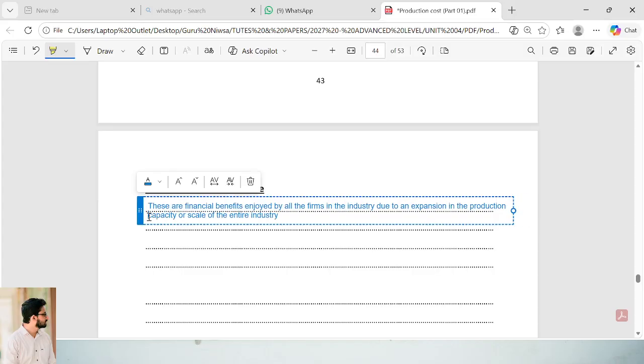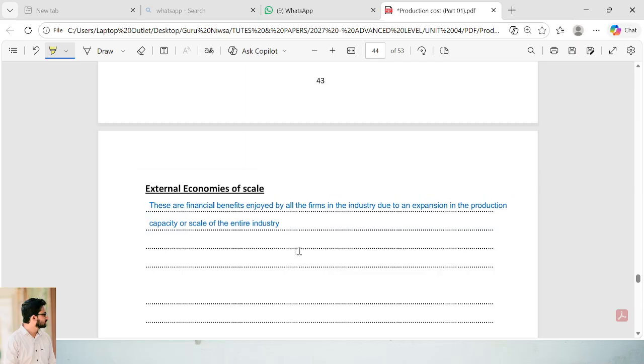So highlight here, these are financial benefits enjoyed by not only one firm, but also all firms in the industry due to an expansion in the production capacity or scale of the entire industry. It's not talking about expanding one individual firm, but all the firms in the industry.